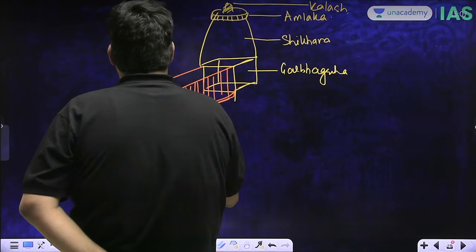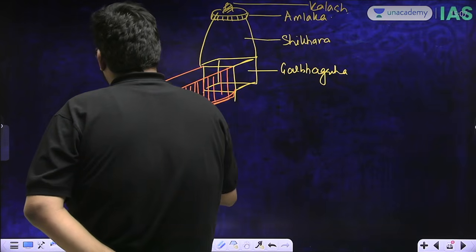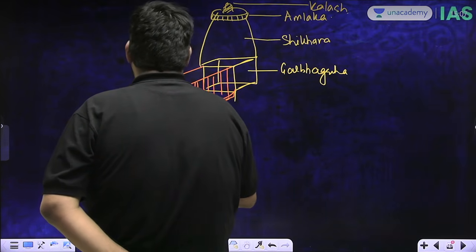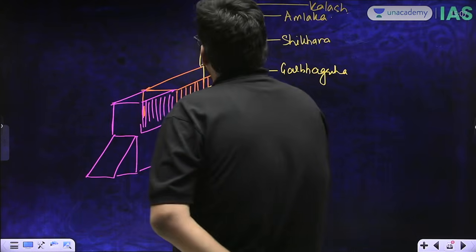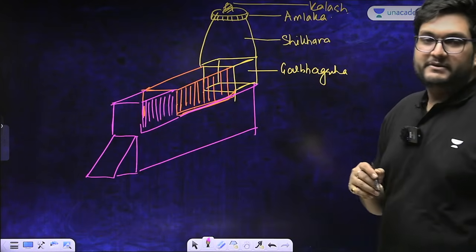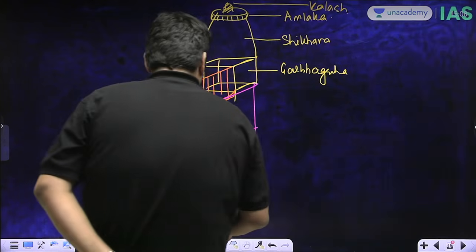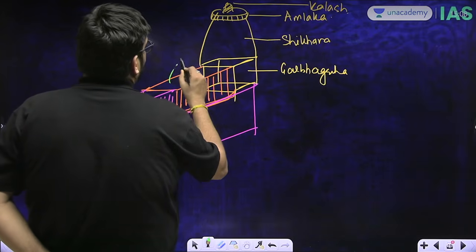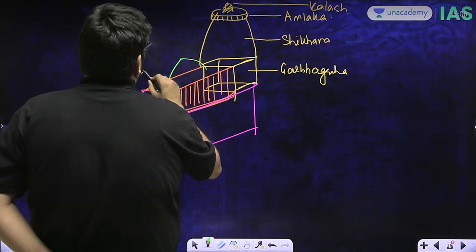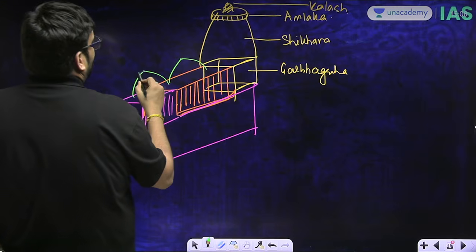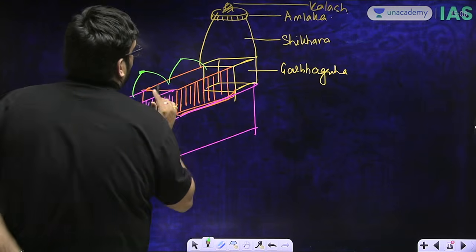And this whole structure is actually on a raised platform. This is very, very important. This is called the basic feature. This is a raised platform. There are also small shikhars on the Mandap and the Ardha Mandap.